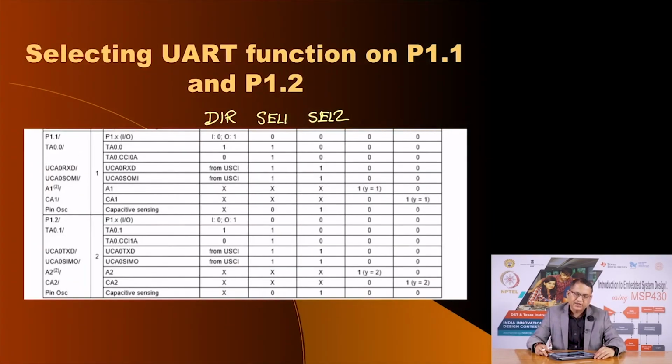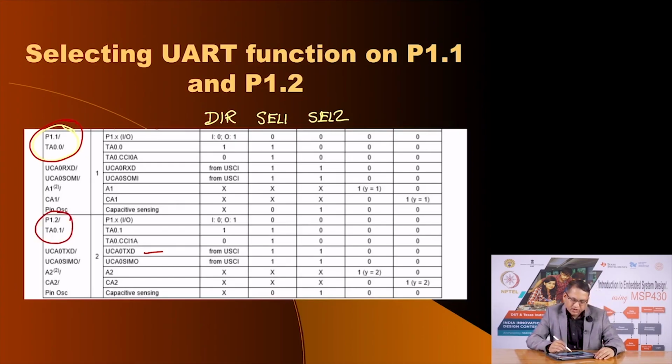And here, as I mentioned, the transmit and receive pins are shared with port pins. In the case of MSP430 G2553, the receiving pin is on P1.1 and the transmitting pin is on P1.2.